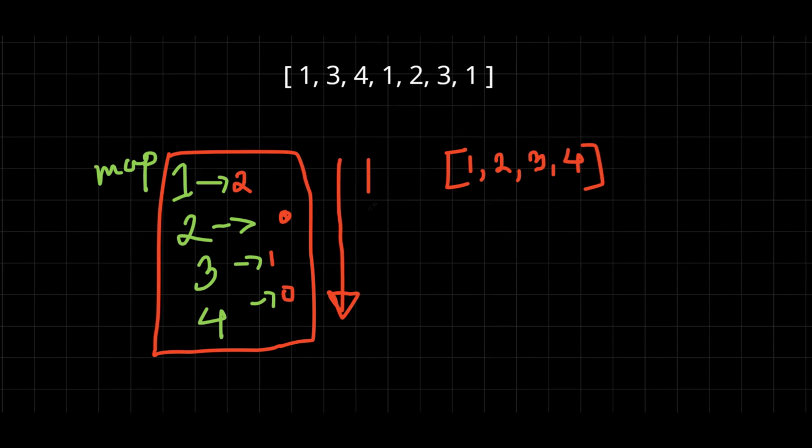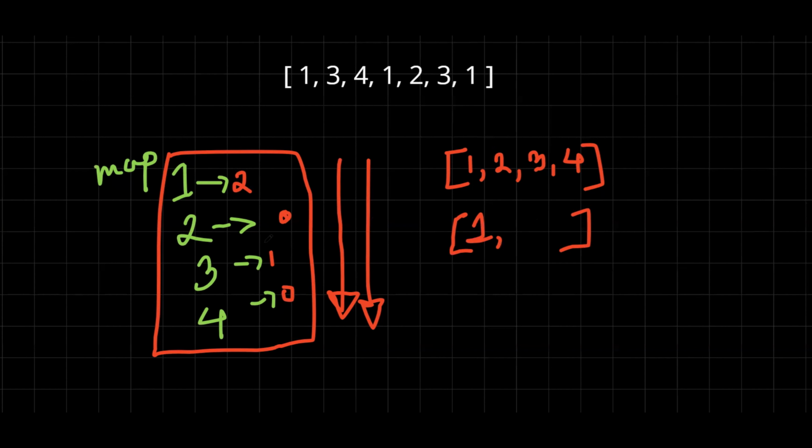Now we have to run another loop because we have to run 3 loops. In the second loop, this is for the second list. We see that the frequency of 1 is 2, which is definitely greater than 0. So here we are using another instance of 1. Now the frequency of 2 and 4 is 0, so we cannot use 2 and 4.